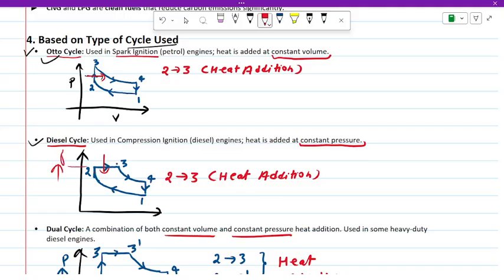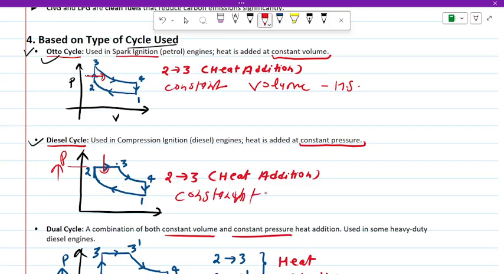And in an Otto cycle, heat addition is at a constant volume, heat supply. And here, constant pressure heat supply.